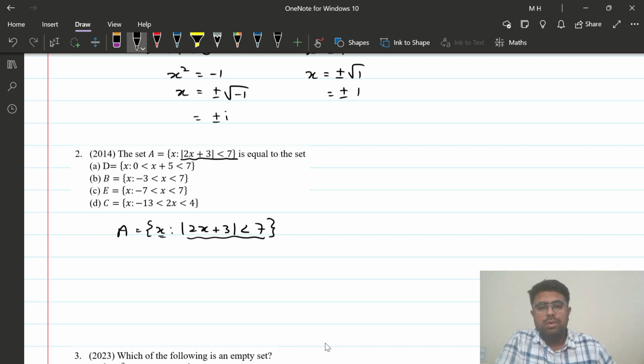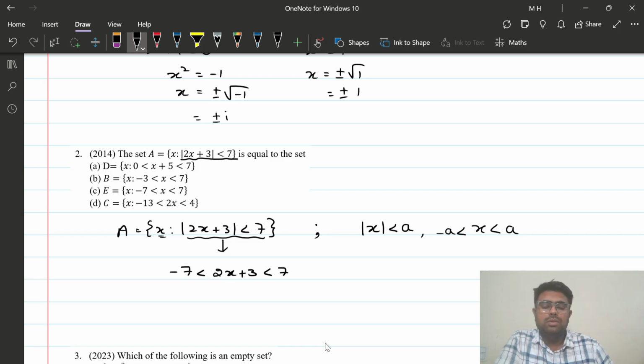Okay, so one property of modulus, as all of you may know, that if mod x is less than a for any positive a, then I can write down x greater than minus a and less than a.